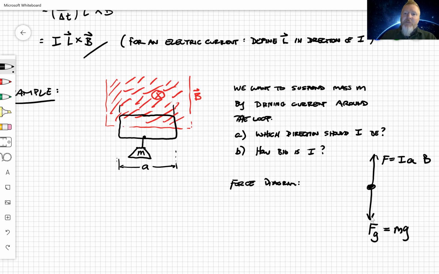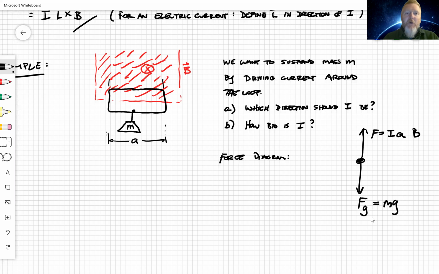So the current should be going around in a clockwise manner. That's the current direction.